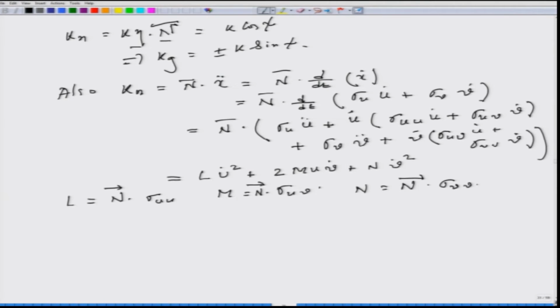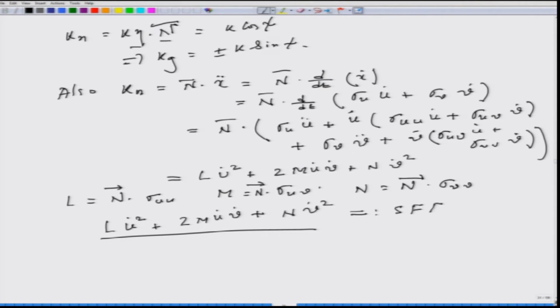Just check the calculation is all right or not. So this fellow, L u dot squared plus 2M u dot v dot plus N v dot squared, is known as the SFF of sigma.